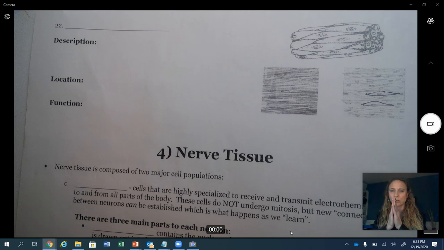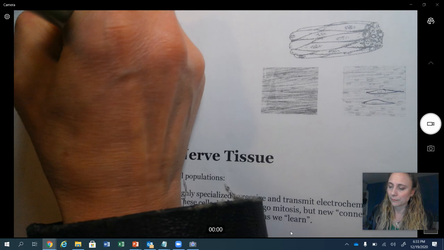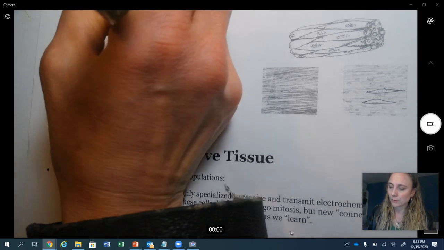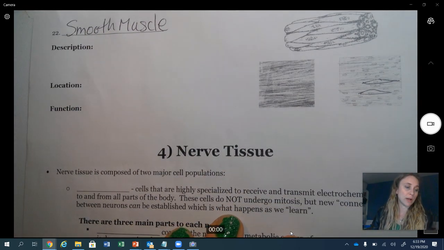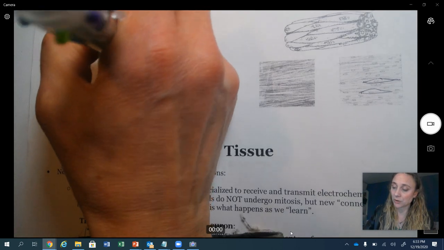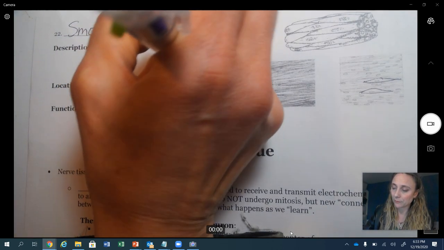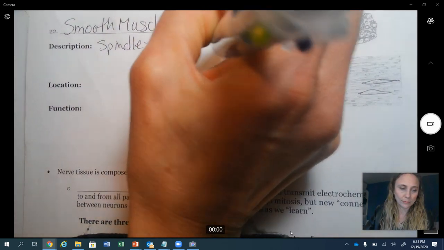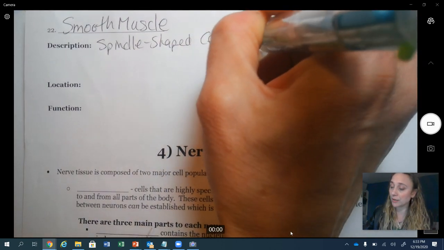They don't have the intercalated discs. They certainly aren't striated in appearance. The contractile units are not lined up, so it's not as coordinated. It doesn't need to be, though. So spindle-shaped cells, just like we talked about, they usually form sheets.